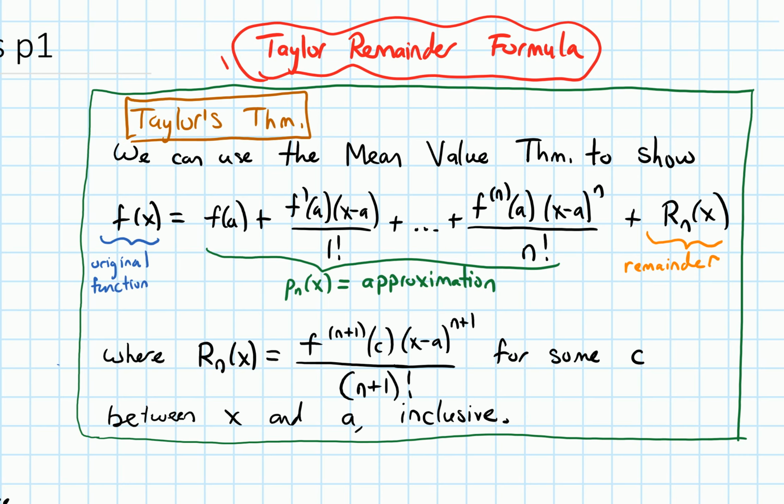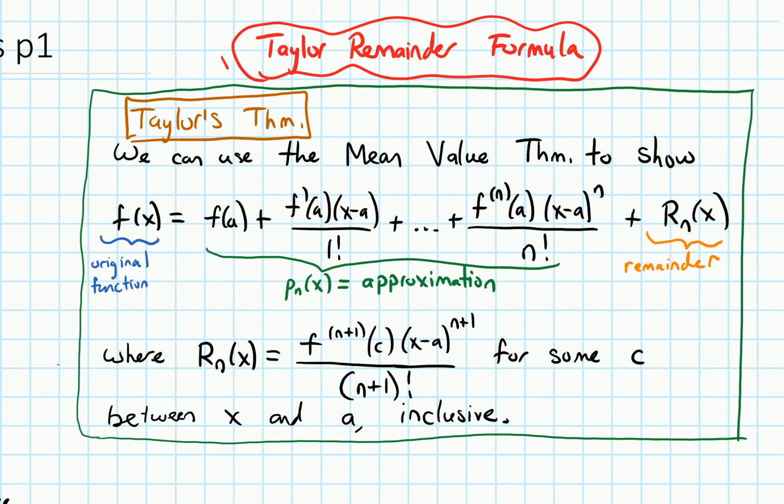It looks like the n plus first term of the Taylor series. The key difference is this is evaluated at some number c, so we're plugging c into the n plus first derivative instead of a, where c is some number between x and a inclusive.